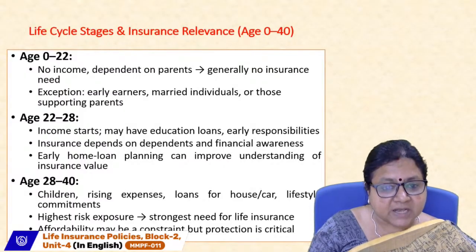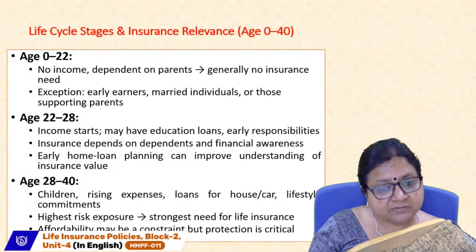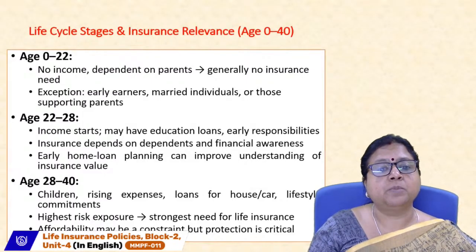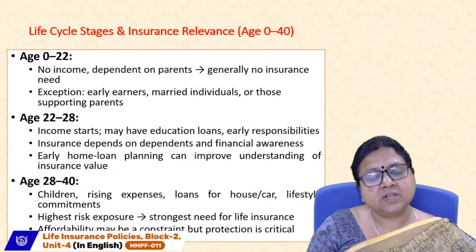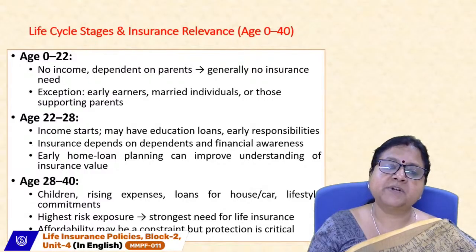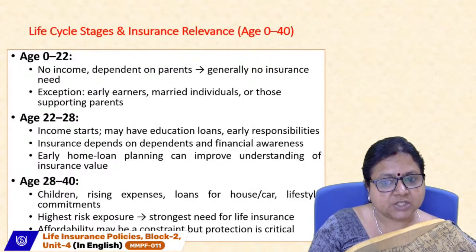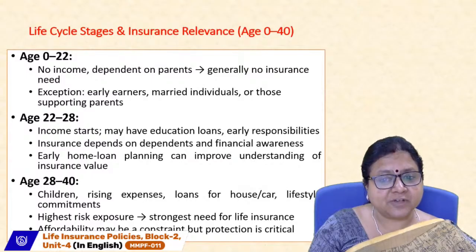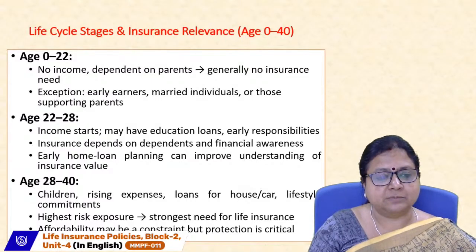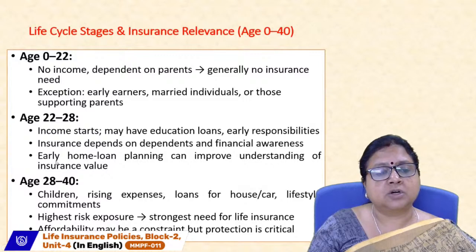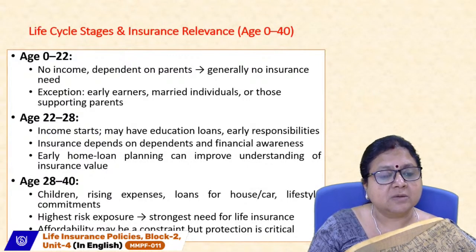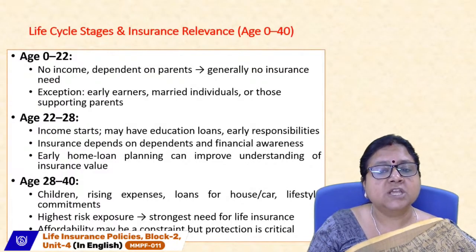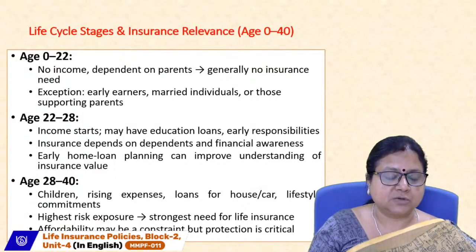Parents might have some health issues which in future may create problems for him. So that is why he might afford to have an insurance policy. It also depends on whether he has, at that particular age, financial awareness about the different types of policies available. When he has a good income initially, he might also plan for a home loan. Early home loan planning can also improve the understanding of the insurance value.